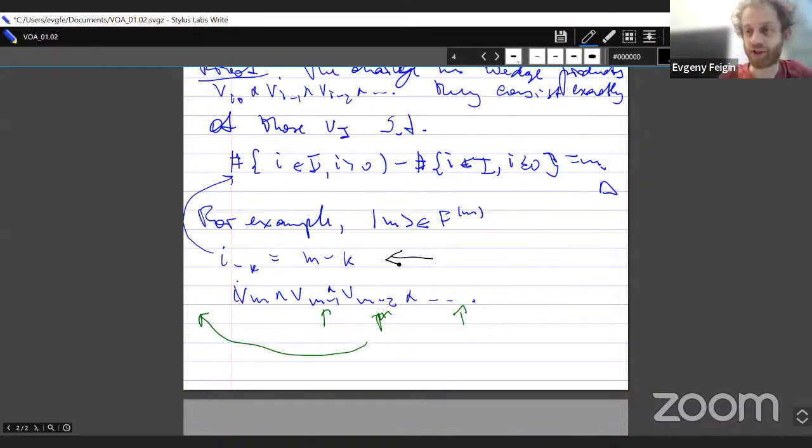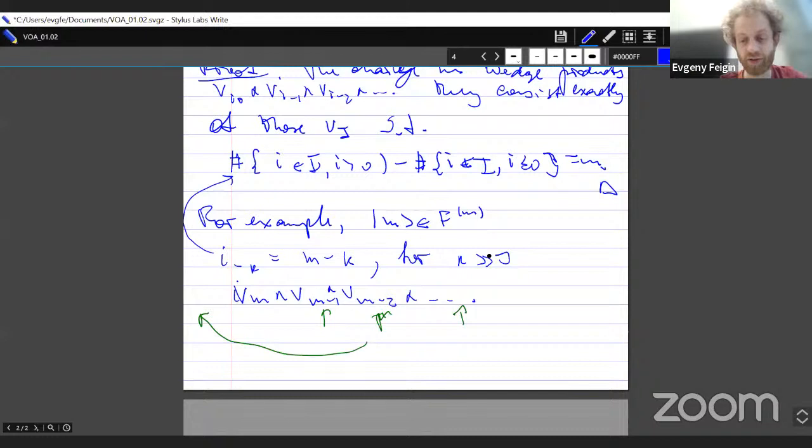Maybe I should have written here that this holds for k large enough. So this does not have to be true for all k, but only for large enough k. So how do we obtain such vectors?